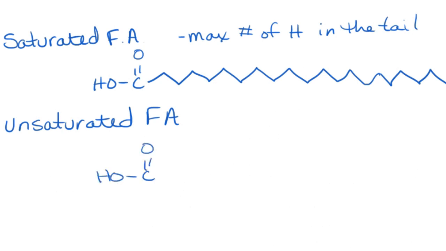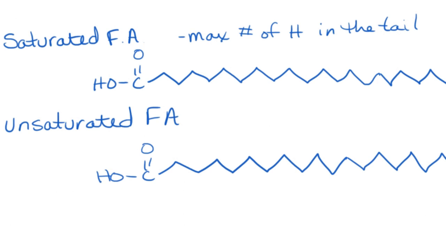So if I were to draw an unsaturated one, it is going to be very similar to the saturated, except that now we're going to have maybe a double bond inside the tail. This might be 1 double bond in the tail, it might be 2 double bonds in the tail. But if we think back to the skeletal formulas and how those double bonds affected the number of hydrogens that could be packed on, if we look, for example, at this carbon, it can only have one hydrogen coming off of it.